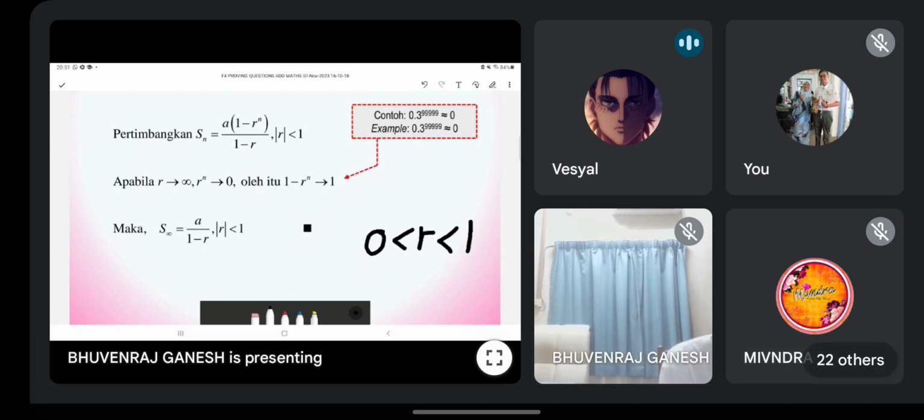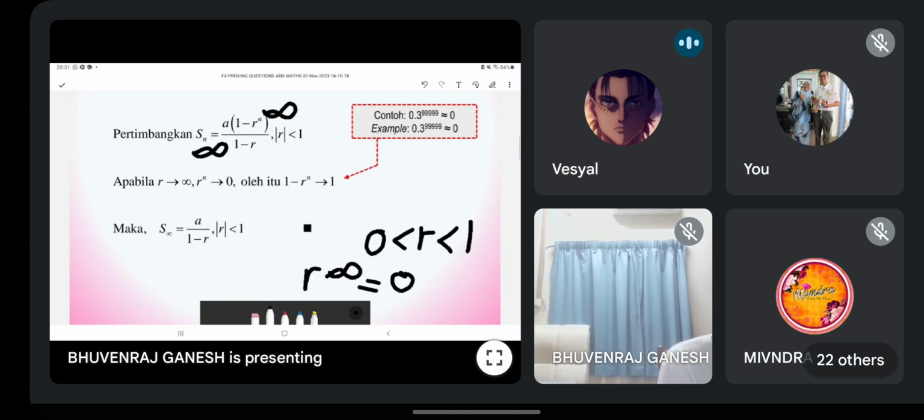Okay, so when n is approaching infinity, it's actually the same as r power n approaching 0. It means r to the power of the number of terms will approach 0. So because of that, you can say that 1 minus r power n is approaching 1. If you see the formula at the denominator, the bottom part, 1 minus r, you already know that r power n is approaching 0.